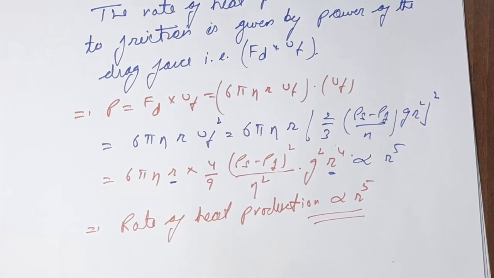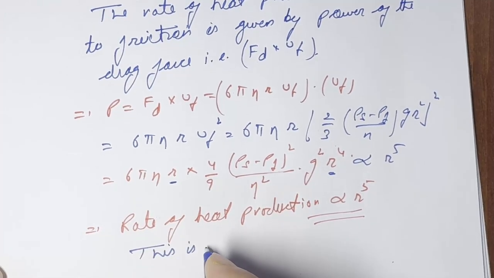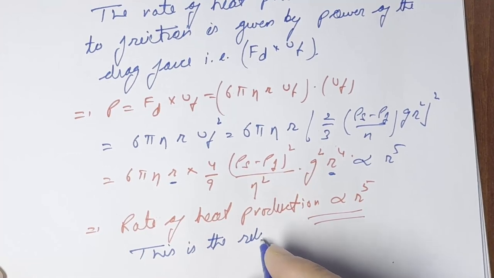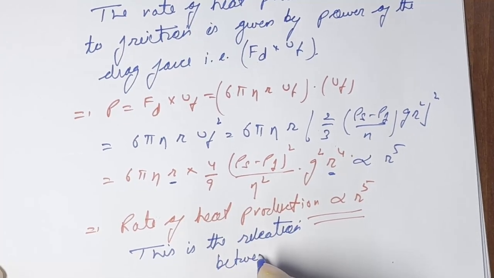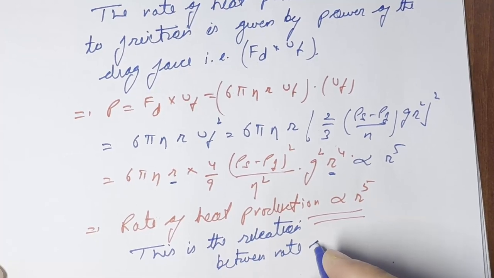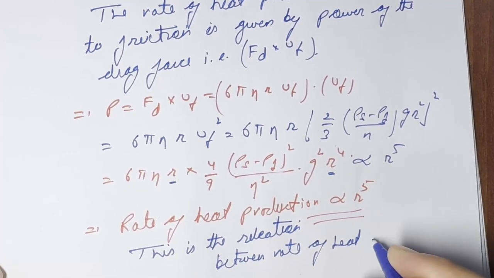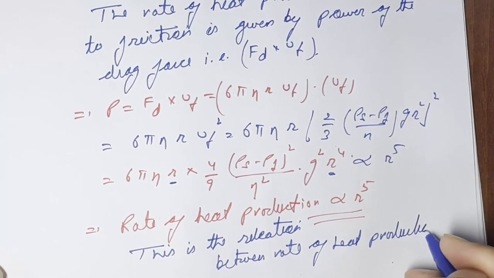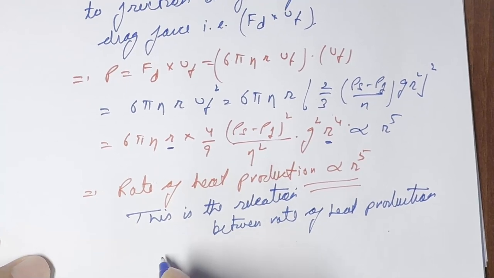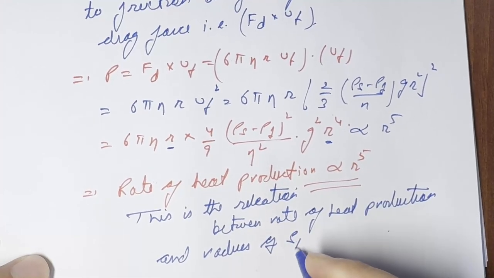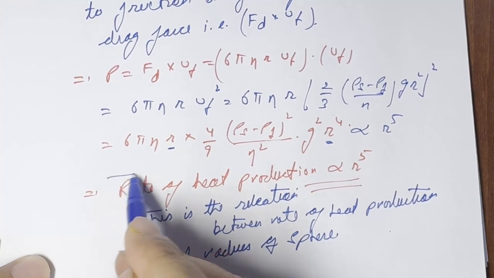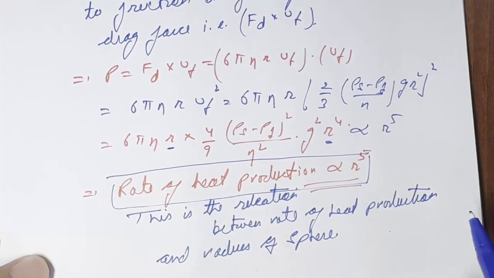So this is the relation between the rate of heat production and the radius of the sphere. So this completes the question. Thank you.